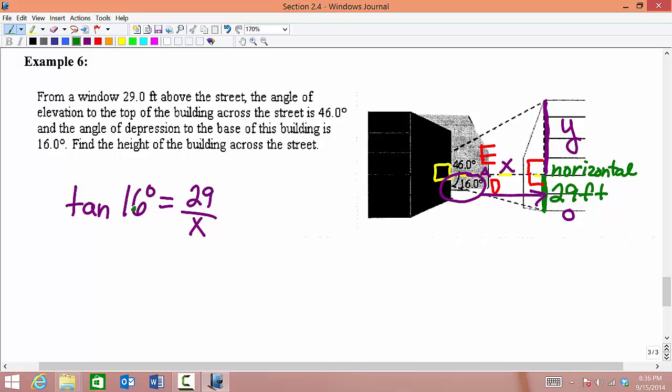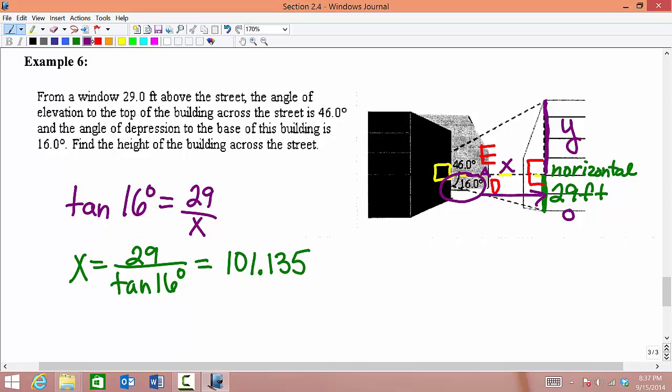And now we're going to solve for x. I'm going to multiply both sides by x and divide both sides by tangent of 16. So we get x is equal to 29 divided by tangent of 16 degrees. We're just going to put that into our calculator, and I get 101.135. Round to the nearest two decimal places here.